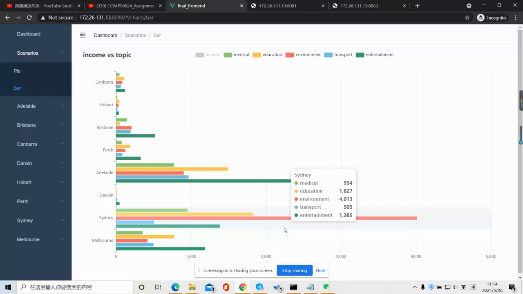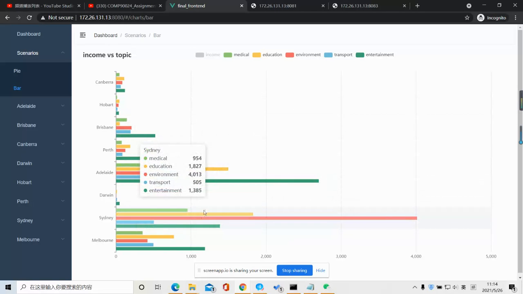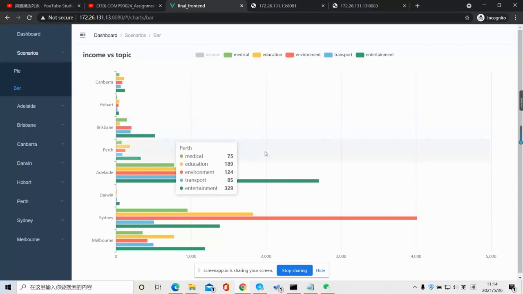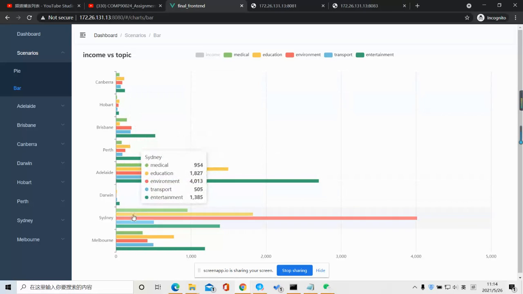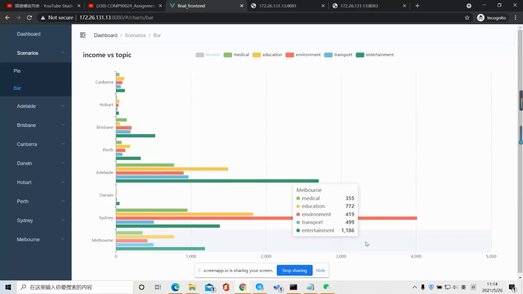This is also maybe a problem to solve in future. We can normalize them to get a more reasonable distribution. But we can still get some idea of these topics' discussion levels across different cities.